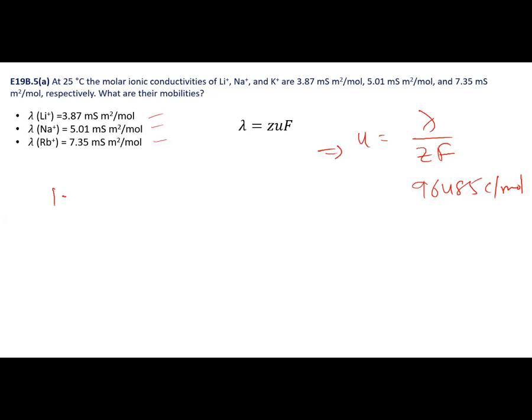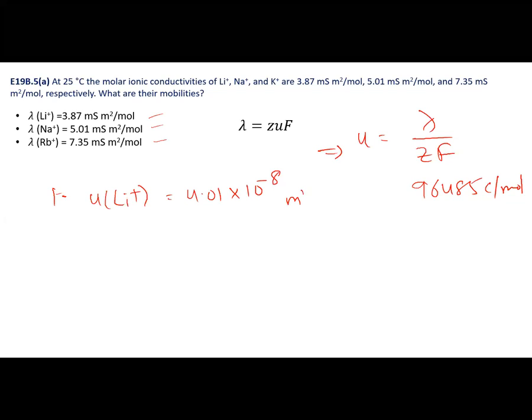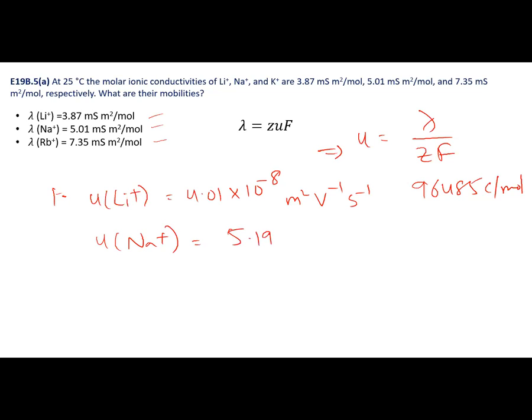get the answers as the mobility of lithium ion is 4.01 times 10 power negative 8 meter square per volt per second, and that of sodium is equal to 5.19 times 10 power negative 8, again meter square per volt per second, and the mobility of K plus is equal to 7.62 times 10 power negative 8 meters squared per volt per second.